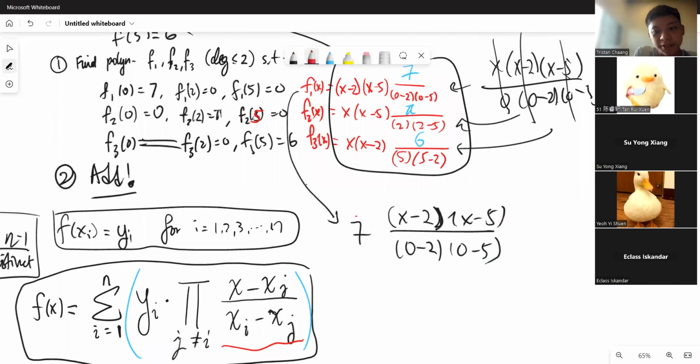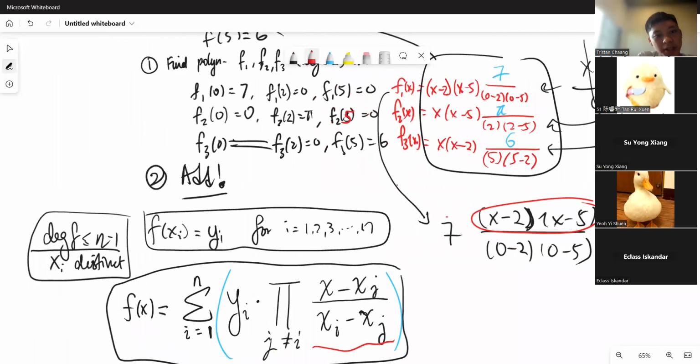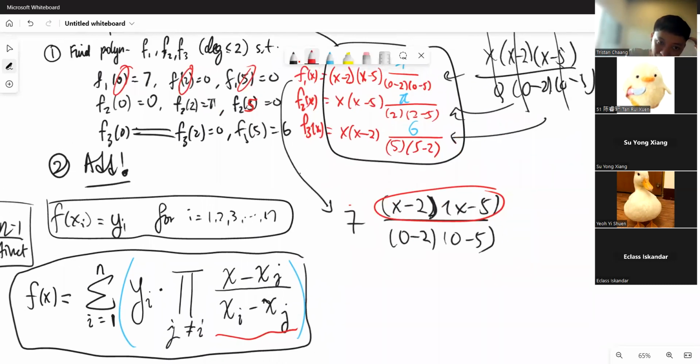So x minus 2, x minus 5 is kind of like x minus 0, x minus 2, x minus 5, but except the 0 term. So we have 0, 2, 5, which play the role of x1, x2, x3 in the general theorem. So it's kind of like x minus x1, x minus x2, x minus x3, but then I skip x1. So that's why it's saying here x minus xj, where j runs from 1 to n, but skips i.